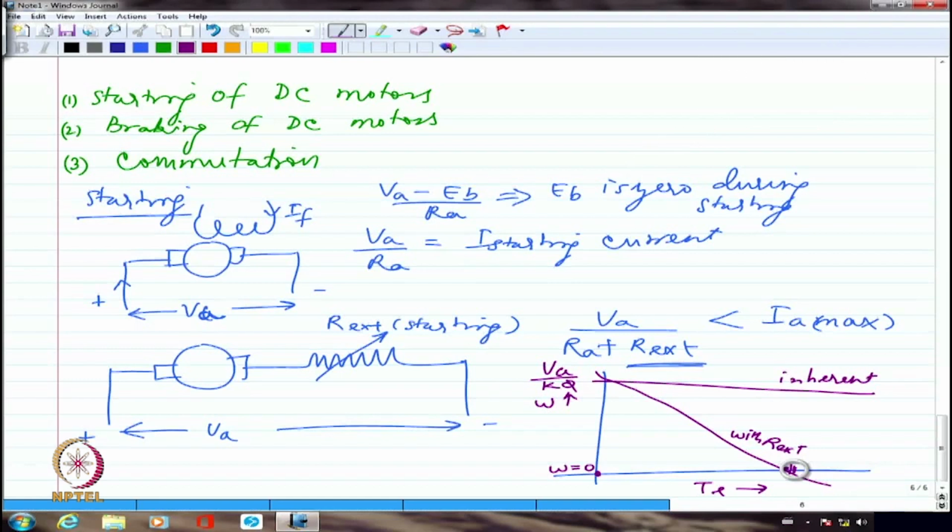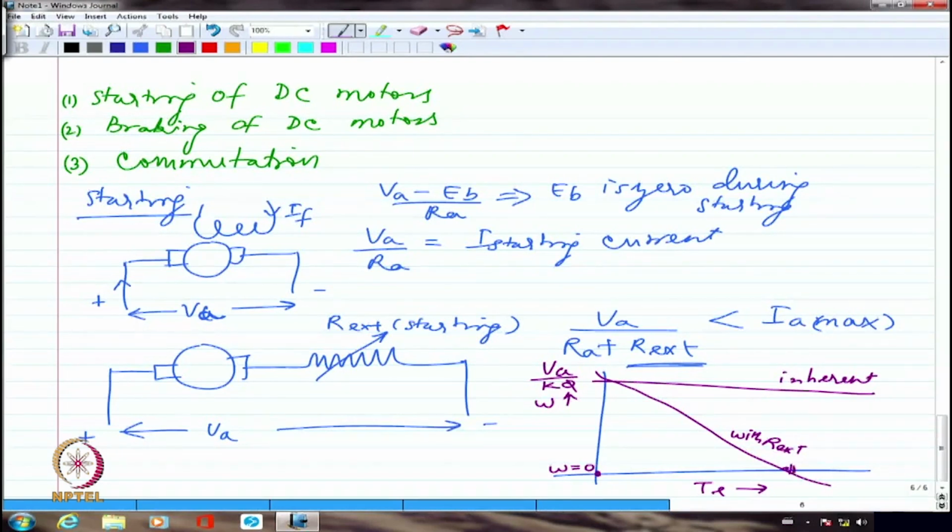See, there is no R external in this, right? This is dependent upon the value of voltage that I have applied and the flux of the machine. Only these two decide the value of no load speed. In fact, we are not even in no load condition as yet. We are in the starting condition, which is omega equal to 0.